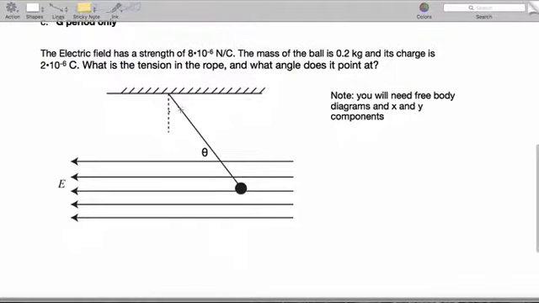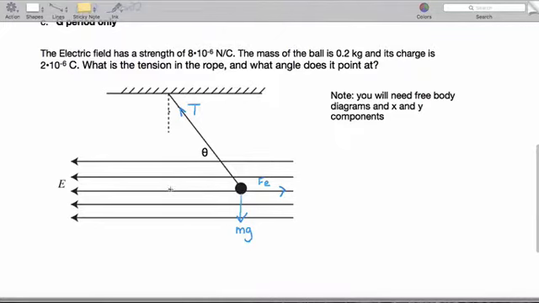So we have a tension in this rope. And although the electric field points this way, clearly the charge is being pulled out this way. So that's the electric force. And we have a force mg pointing downwards. So this is a free body diagram problem.